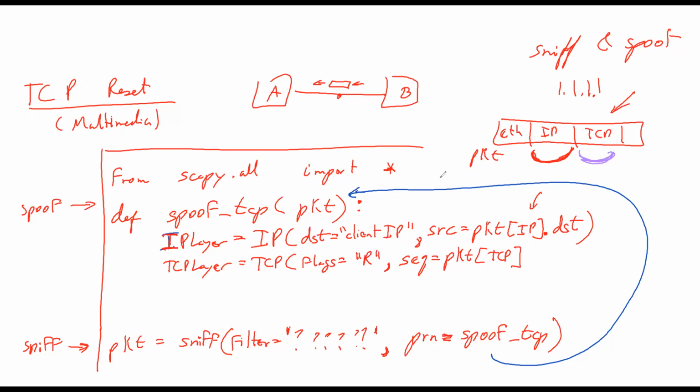Okay? And then now, we say dot here. And guess what? In the packet, there are two fields, sequence and acknowledgement.